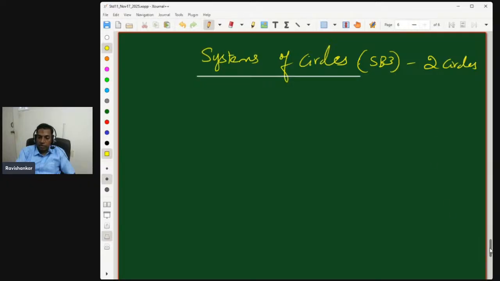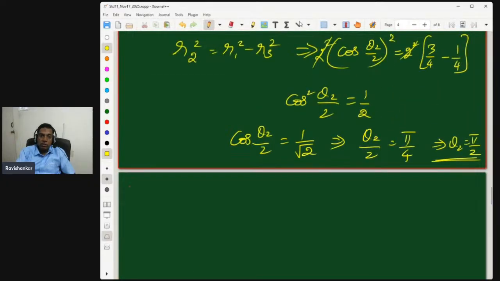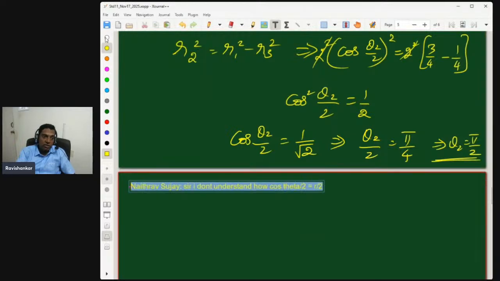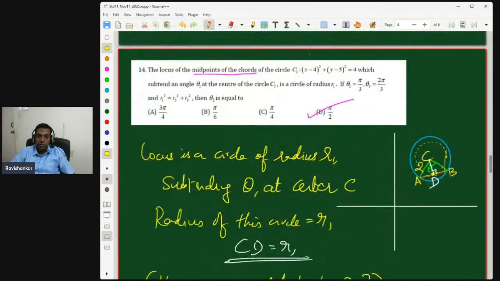Okay, so we have a couple of doubts. First, Naitra Sujay has asked, I don't understand how cos(theta by 2) is r by 2. So maybe what I should have done is to enlarge that image, because this looks too small.